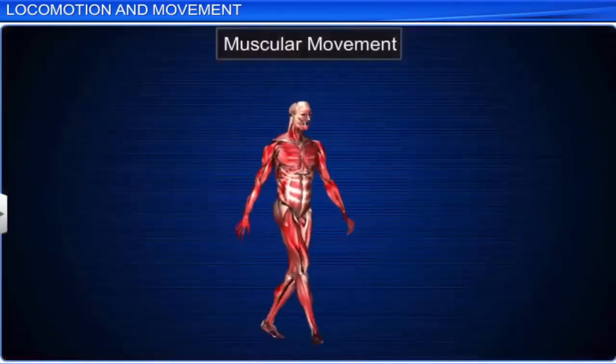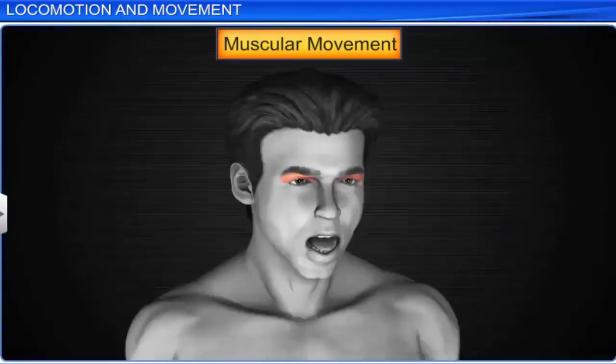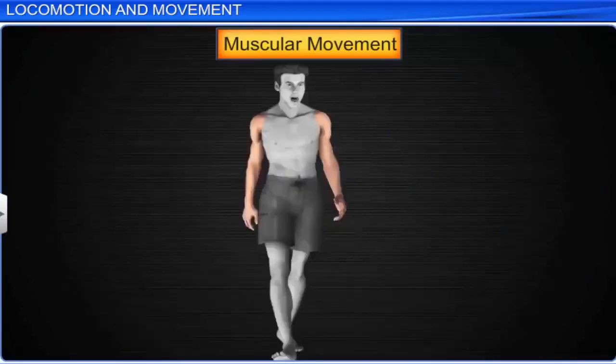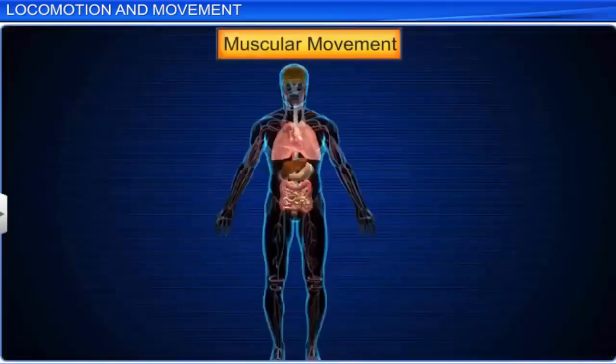The third type of movement is muscular movement, which is seen in the eyelids, tongue, jaws, hands, and legs. The contractile muscles help in body movements and locomotion of the organism.